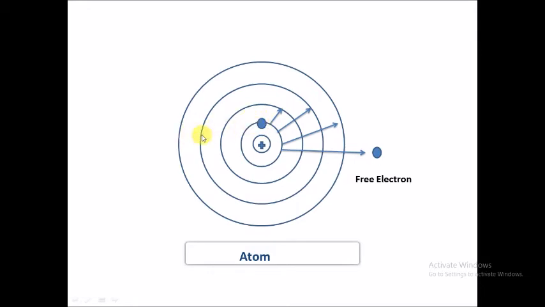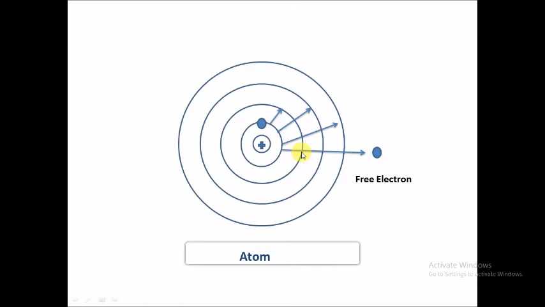When light is incident on that electron, it will go to the excited state and finally come out of the atom. So photoelectric effect means when light of a particular suitable energy is given to this electron, the electron will be ejected from that atom, and this is nothing but the photoelectric effect.